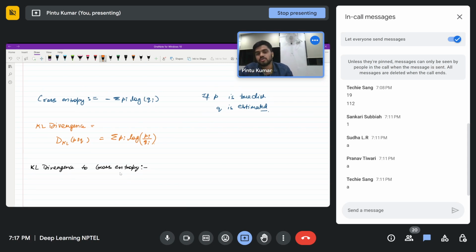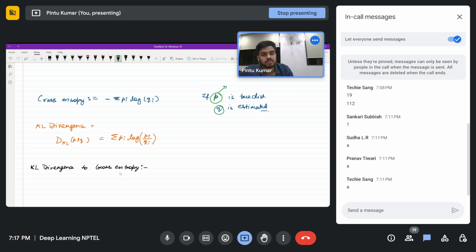Cross entropy has two terms, P and Q, and you should remember them in the same order. Let's say the data set that you have is obtained from some particular distribution P.